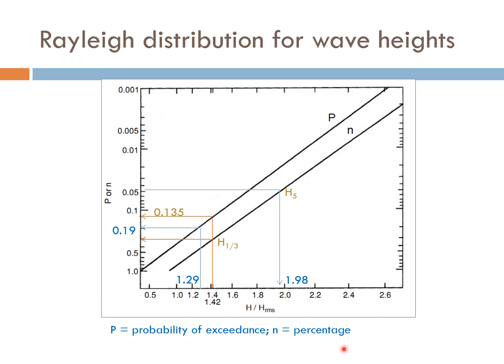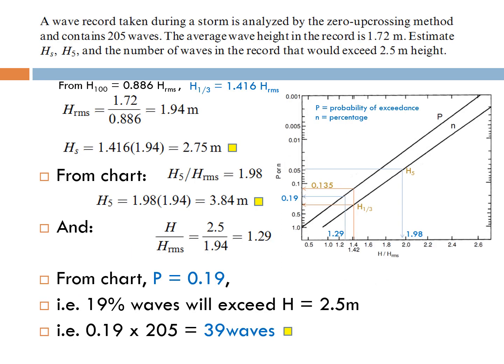So basically what we have shown previously in terms of the equation for Rayleigh distribution is represented here in graphical form in the chart, and we are going to look at how it can be applied next. Let's look at this example.